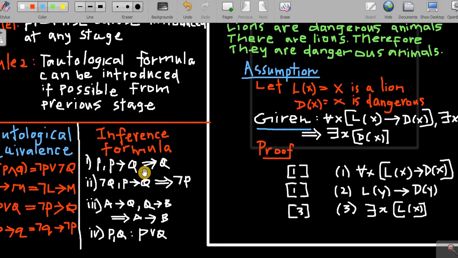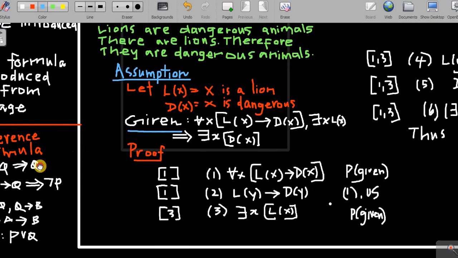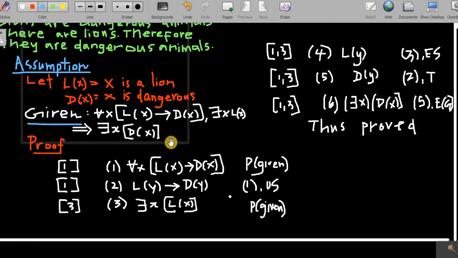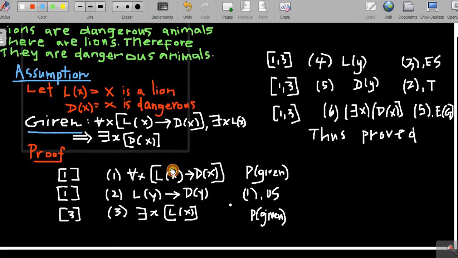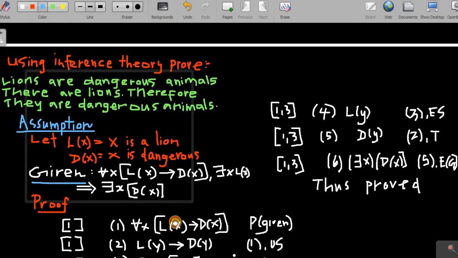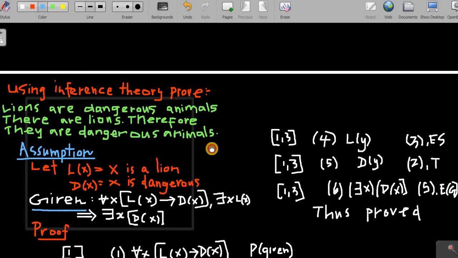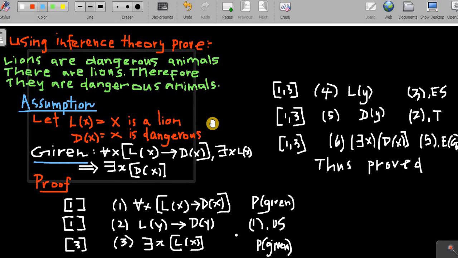The logical inference formula says that A, comma, A implies B, implies B. That is the logical inference formula. Here, from step 2, you have L of y implies D of y. From step number 4, you have L of y.